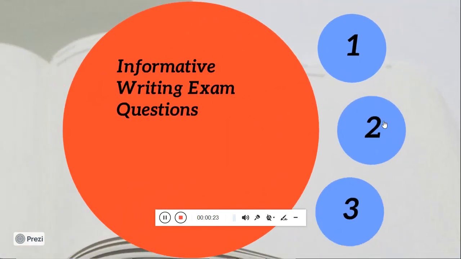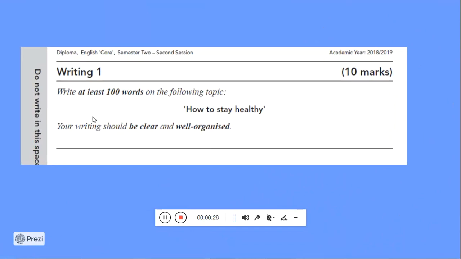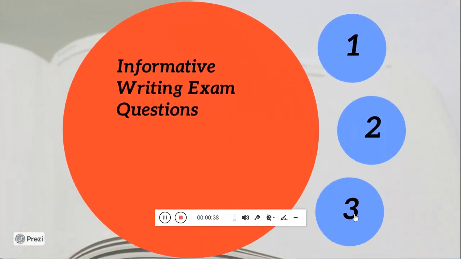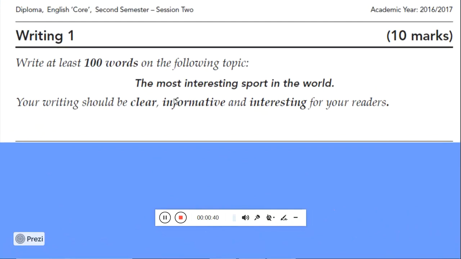For the second one here, okay, you can pause the video if you wish to write these topics. How to stay healthy. Okay, and the third one, the most interesting sport in the world.